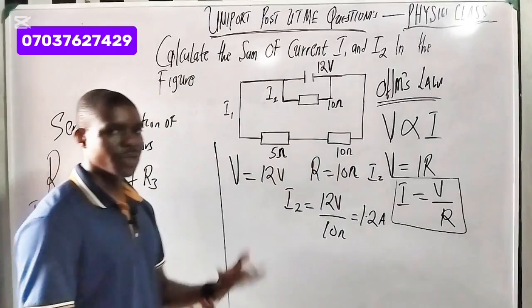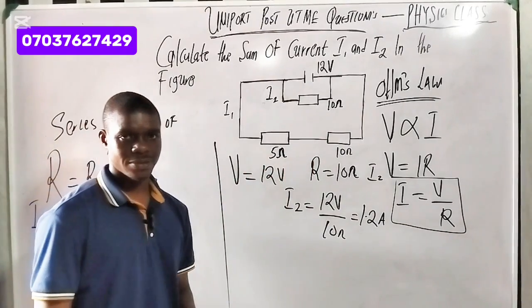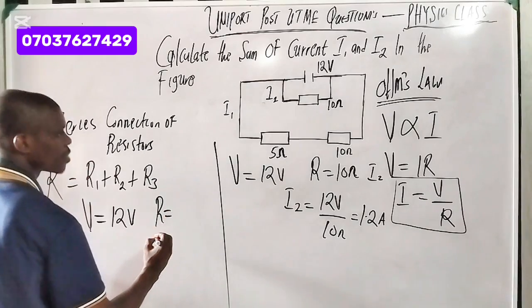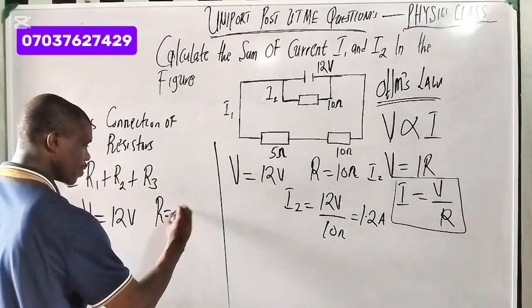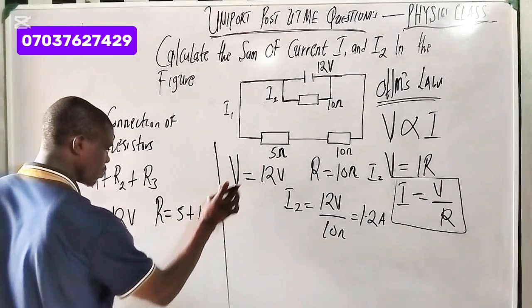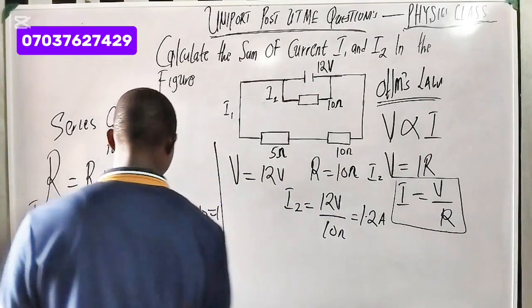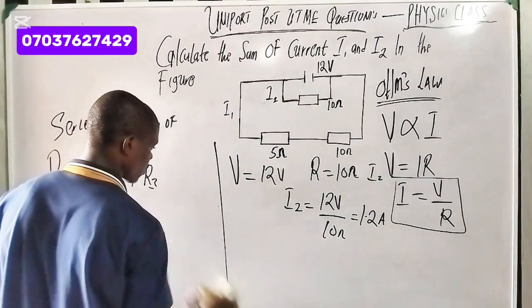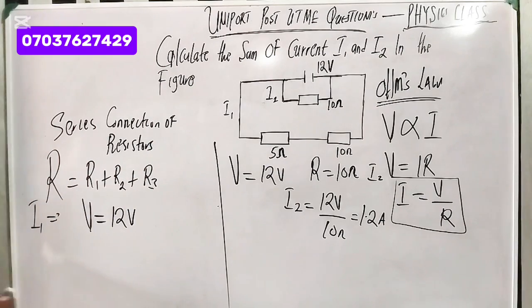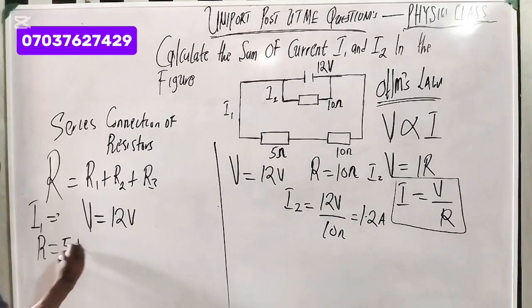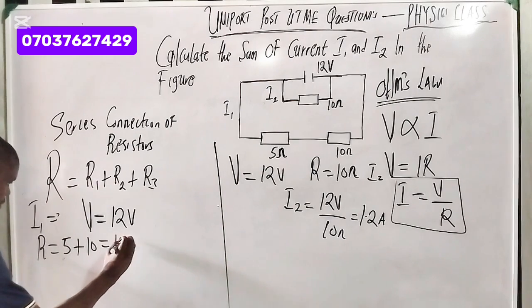My two resistors together are 5 plus 10, which is 15 ohms.